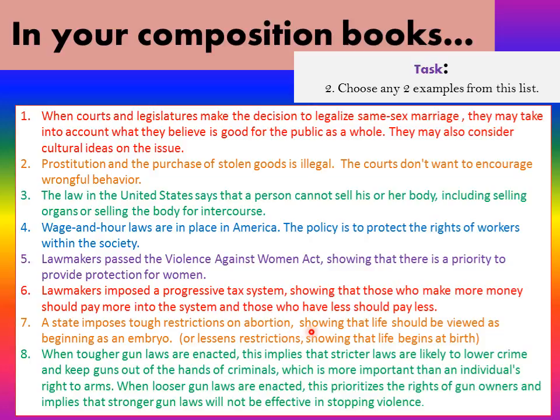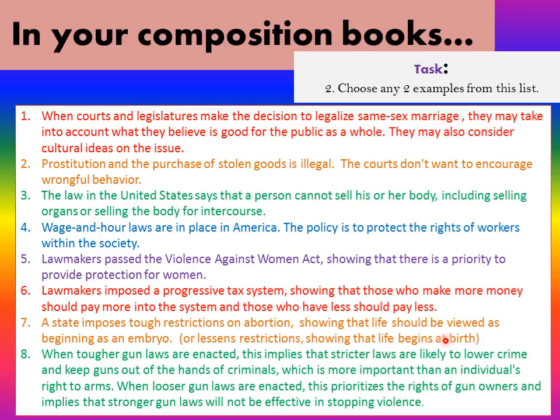And the reason it's like that is because the government is trying to portray the fact that life should be viewed as beginning when you are an embryo. That's when life starts. However, in other states, the government can lessen restrictions, meaning that it can make abortion completely legal, or it can make it legal later into maybe the second, third trimester. And that is implying that life begins at birth. So if you're going to do this one, approach it as just abortion.